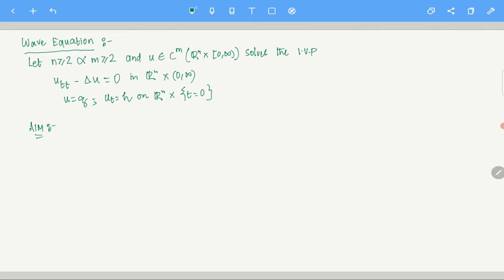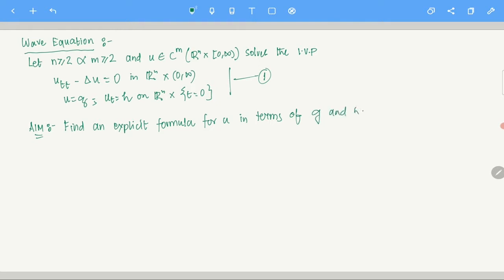Let us assume that there is a u which solves this problem, and let's call this problem 1. Our aim is to find an explicit formula for u in terms of g and h, clear.